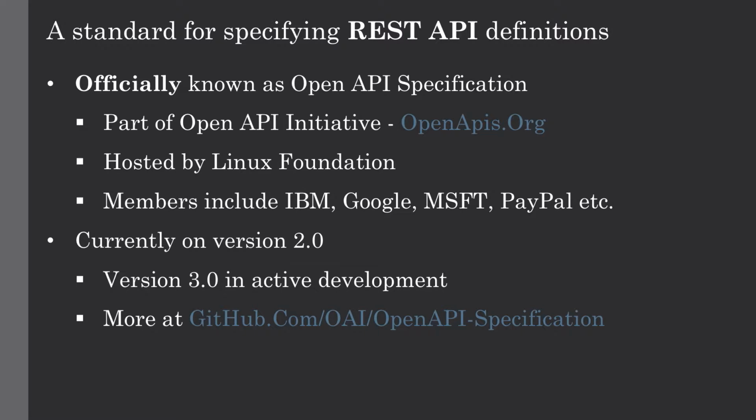The current version is actually 2.0. Just like OAuth, no one wants to remember version 1. Version 3 is in active development. You can check out the whole governance model and the specification itself on the OpenAPI OAI website.